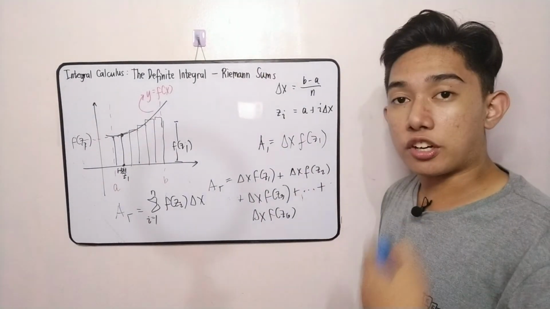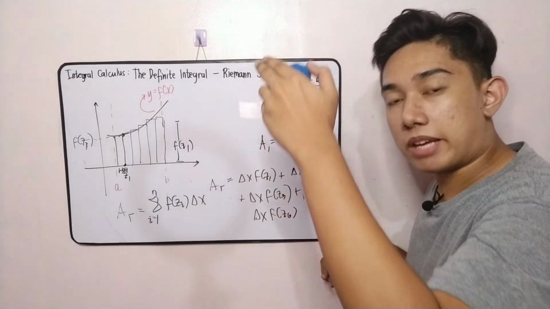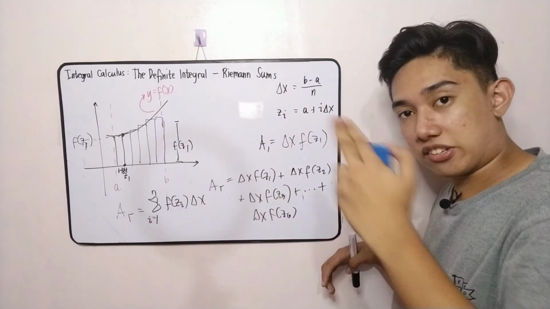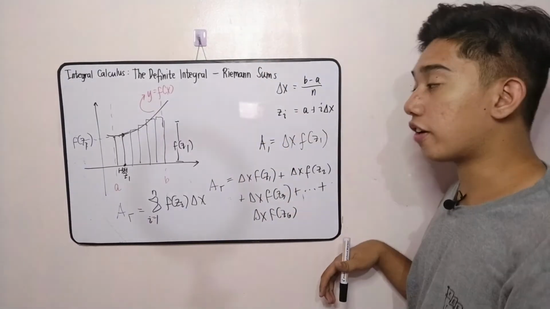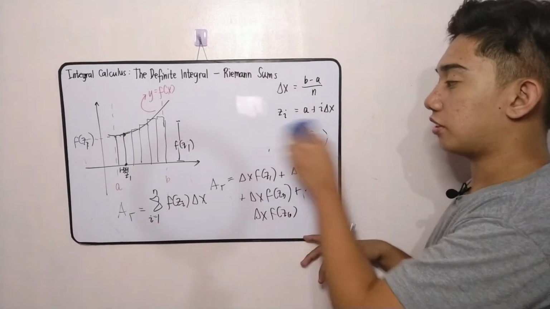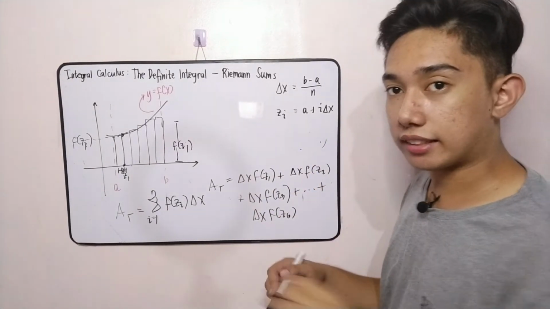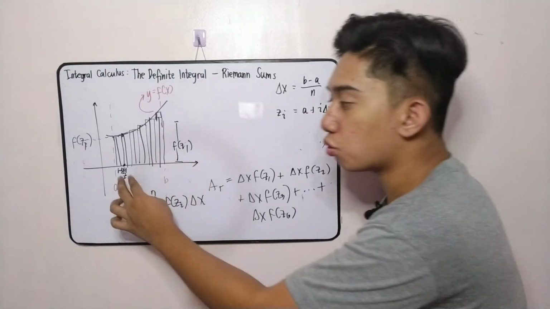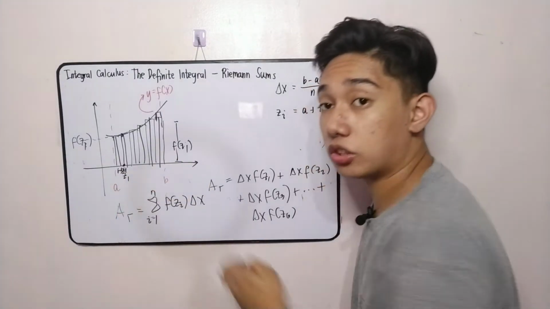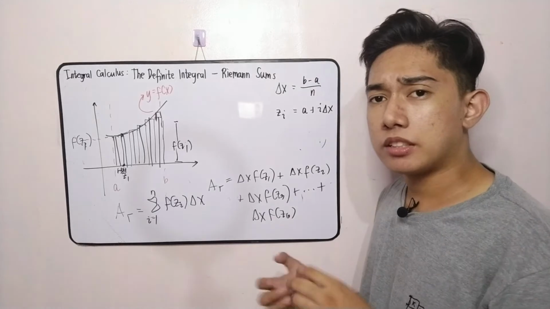So, to further make it exact, we will just make smaller rectangles. Okay? Let's say we create smaller rectangles, and we assume that their bases are equal.